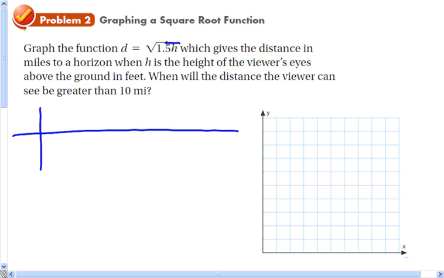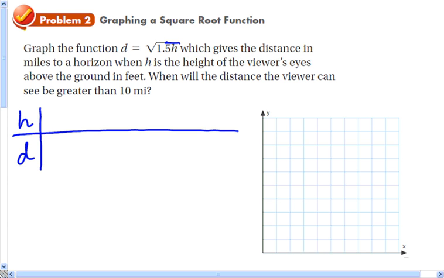My independent variable is h here, the height, and my dependent variable is the distance. Now I'm going to have to think about what values I want to use, and of course I want to be able to answer the question, when will it be greater than 10 miles? Well, think about this: the square root of what number equals 10? That's 100.